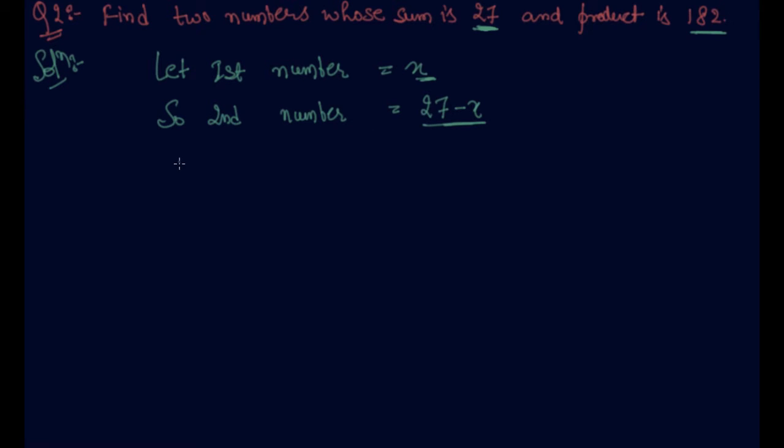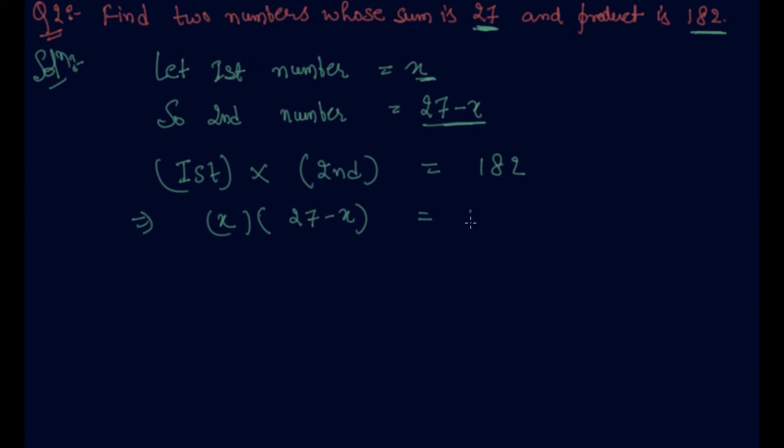And there is one more condition we are given, that the product of the first number into the second number is 182, and our first number is x multiplied by 27 minus x. So this equals 182.